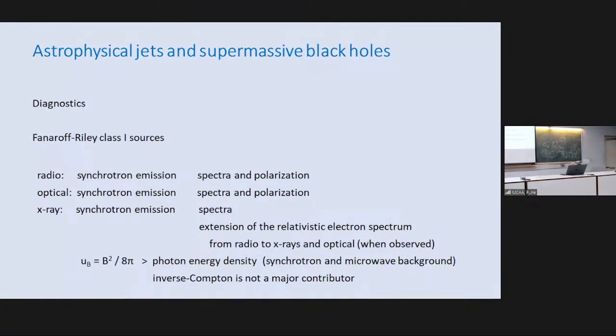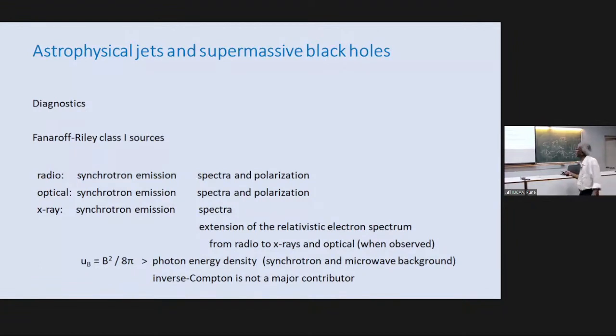For example, if the X-ray emission is much lower or much higher than what I get by extrapolation of this, and some amount I can take care of by the process, then I have to invoke something else. But if it is a continuation of the same spectrum, then you can say it's likely to be the same emission process, the same electron distribution.